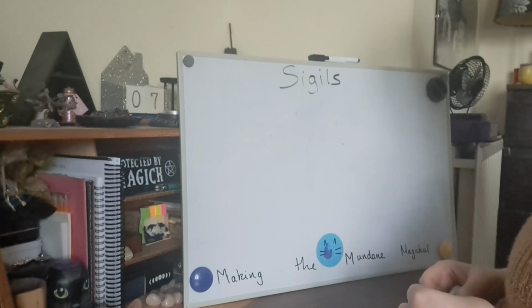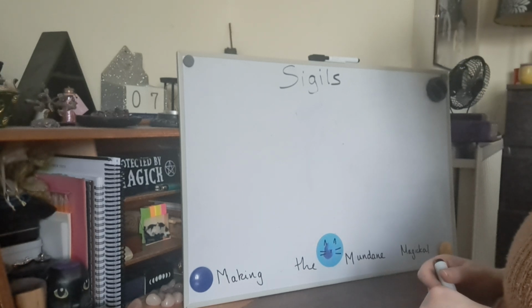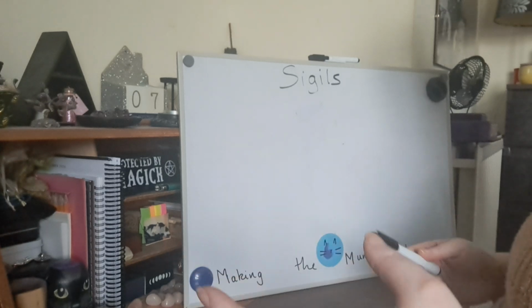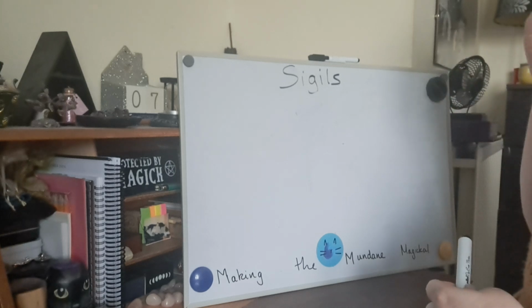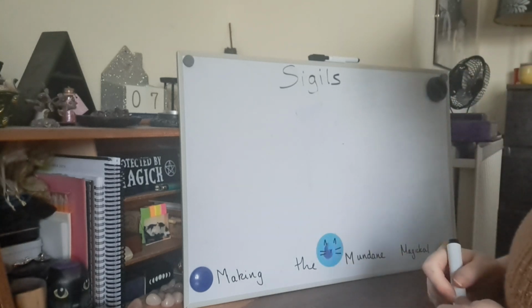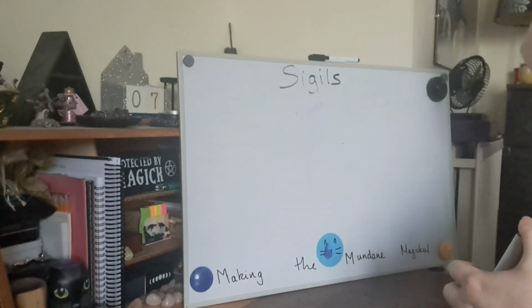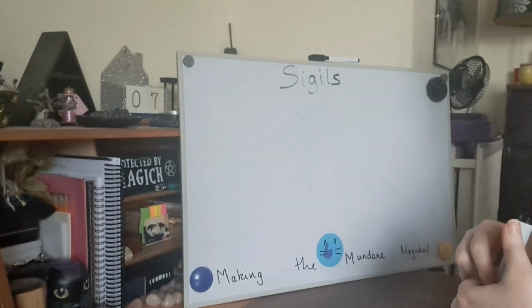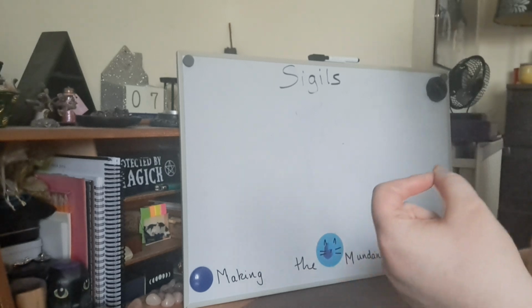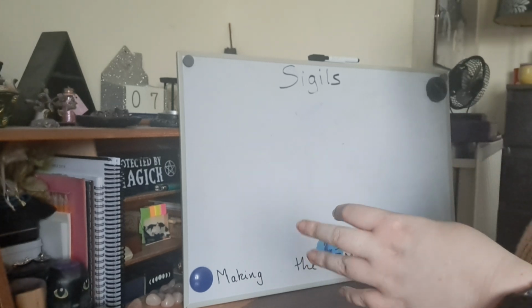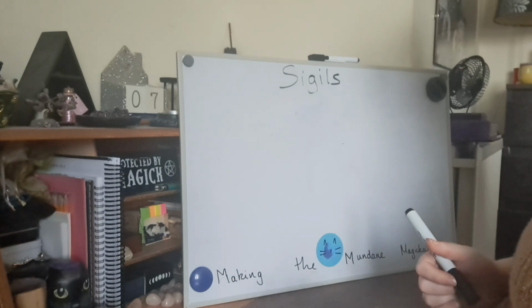Or I can start with a statement. It depends on what the intention of the sigil is. If it's going in a spell, I will probably just pick a couple of runes.